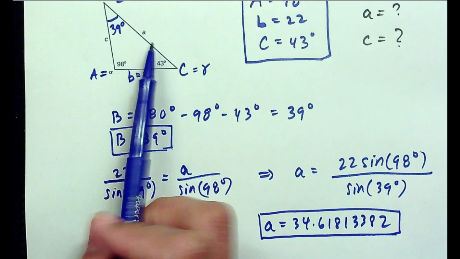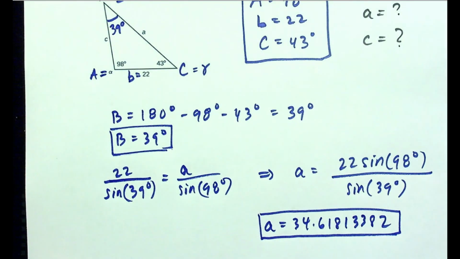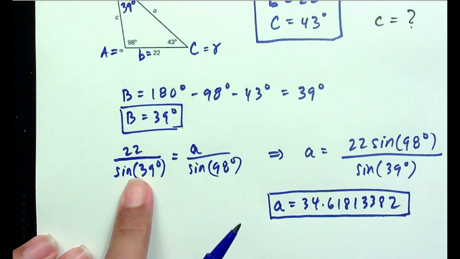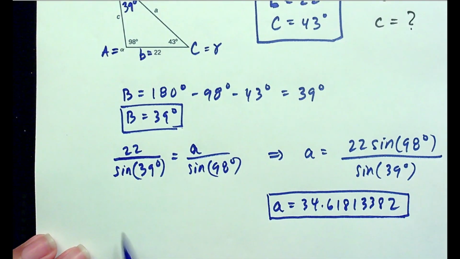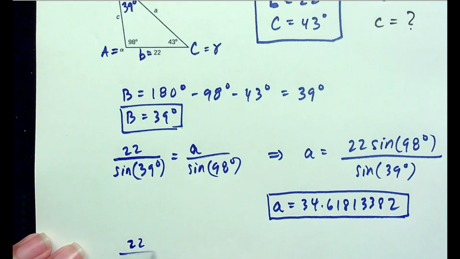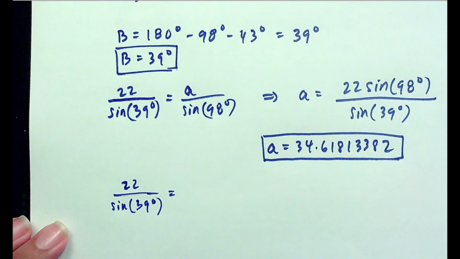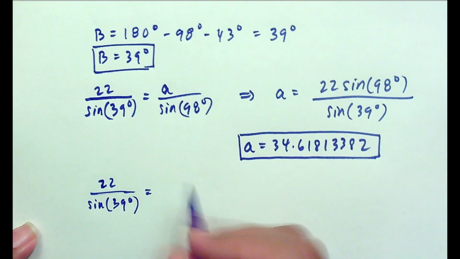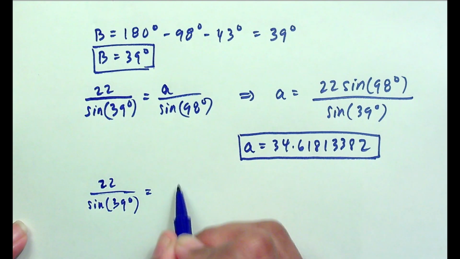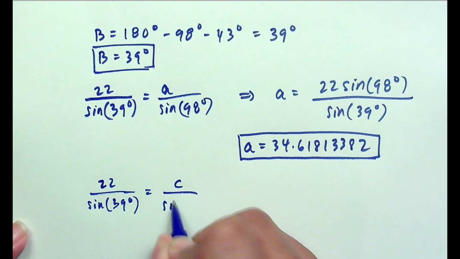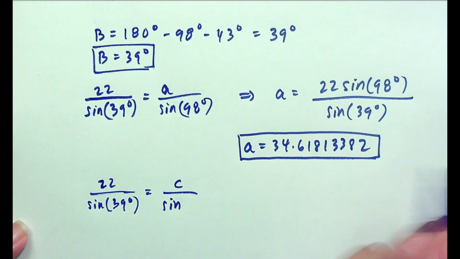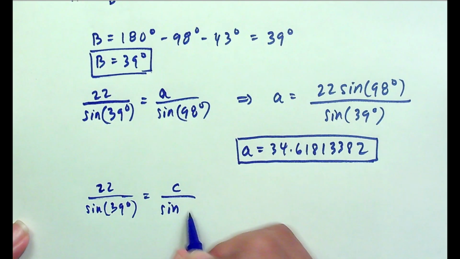Okay, so now we have little a, and we still have to find little c, but just repeat the process one more time. Use the same pair as your comparison. So we're going to compare this ratio to, now I'm looking for little c, so now it's going to be little c over sine of capital C, which is 43 degrees.